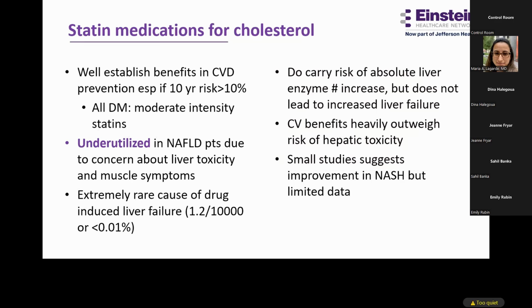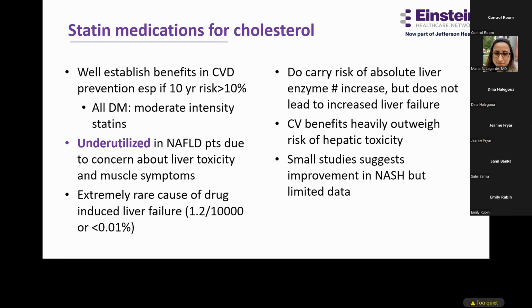Those are the patients that get the most benefit. Statins are things like Lipitor, atorvastatin, Crestor, or simvastatin; they have a lot of different names. All diabetics are indicated by most guidelines to be on a moderate intensity statin medication. It doesn't really matter what the absolute cholesterol number is. There's a lot of anti-inflammatory benefits to being on a statin medication.